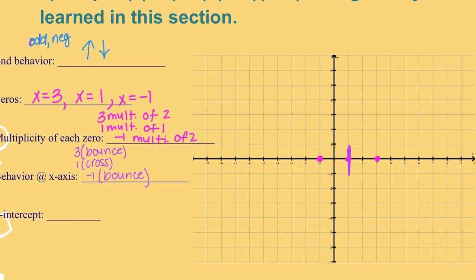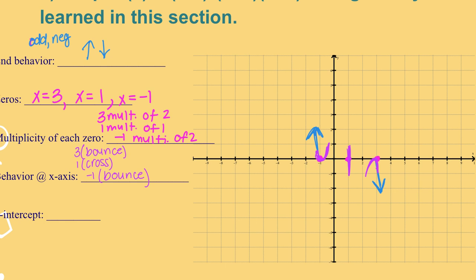So it's going to go up, drawing that arrow, and then down. Okay, and then I could draw my bounces. It's going to bounce at +3. So there's my bounce. And then it's going to bounce at -1. There's my other bounce. That's what my bounces look like.